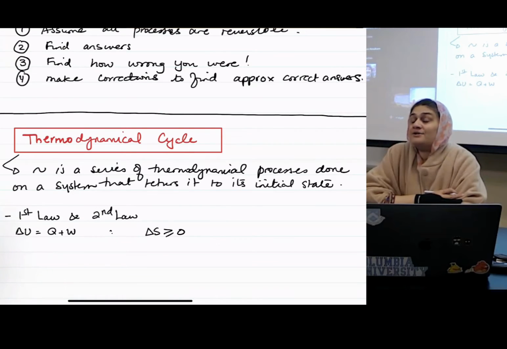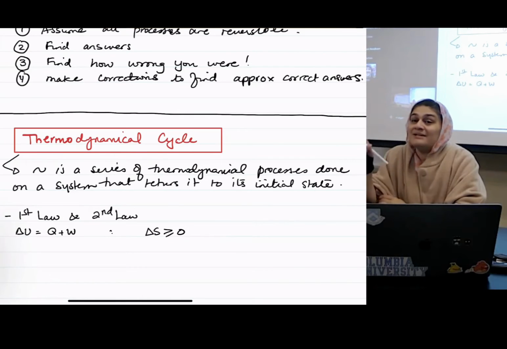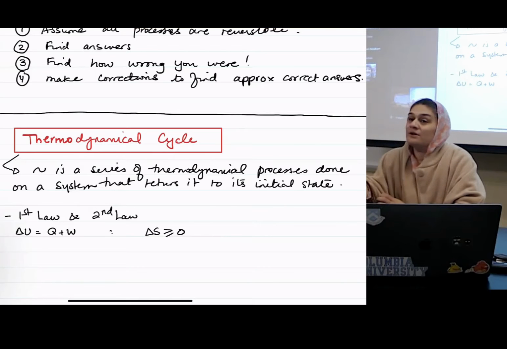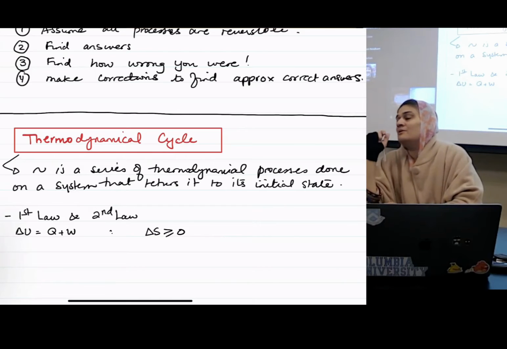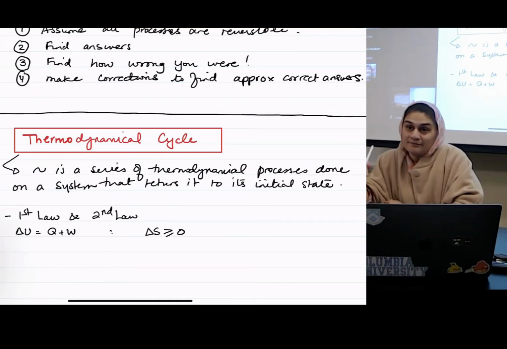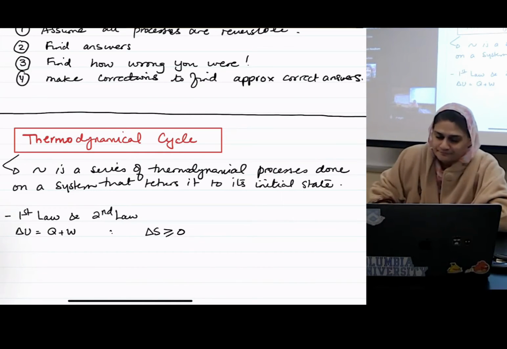Over the entire cycle, what should delta U be? 0. Good. But Q and W will not be. So for each individual step, you will have either Q going in or work coming out or whatever else is going on. But over the entire cycle, delta U must be 0.